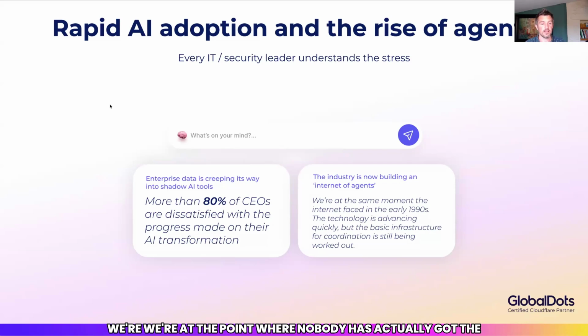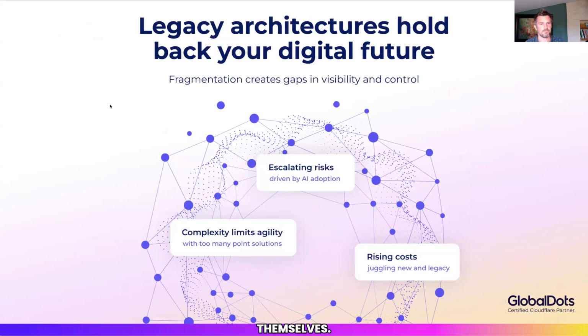We're at the point where nobody has actually got the silver bullet, the all-in-one solution, and even Cloudflare is still trying to work it out exactly themselves. But what's the gap in control? The gap in control is we have too many point solutions. By point solutions, we mean individual vendors, one tool for one job. So you have handover from those systems, too many different panes of glass to look at, essentially.